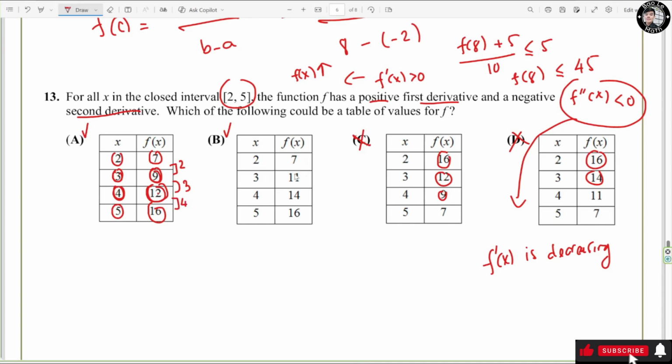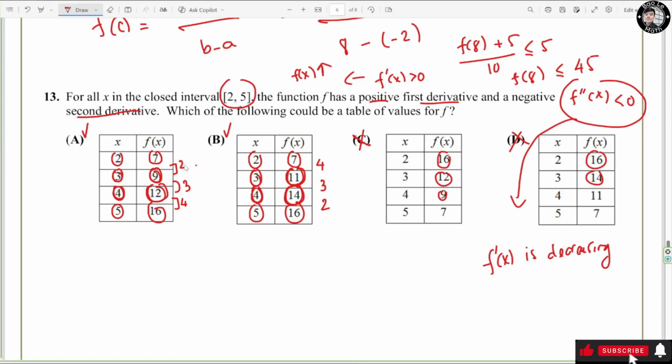This one, 11 minus 7 divided by 3 minus 2 is going to be 4. 14 minus 11 divided by 4 minus 3 is going to be 3. 16 minus 14 divided by 5 minus 4 is going to be 2.